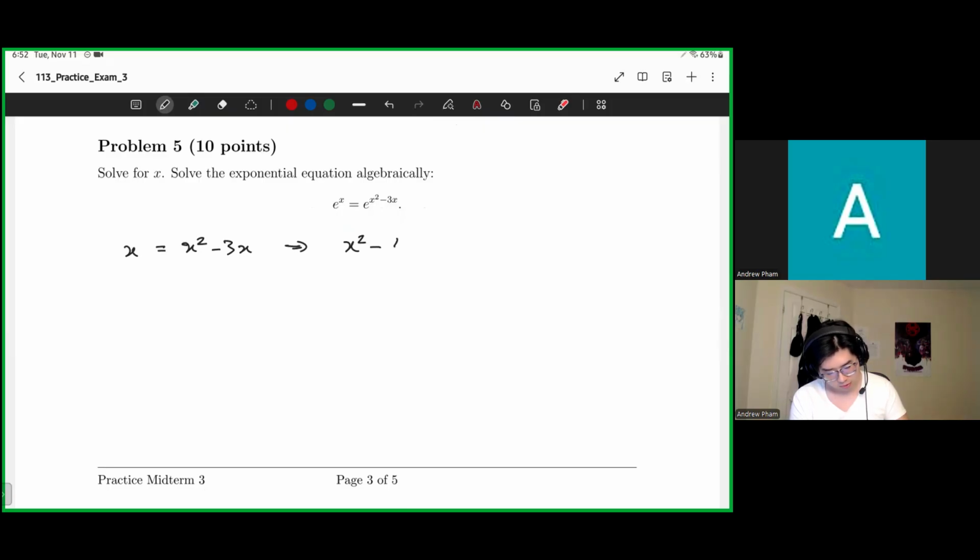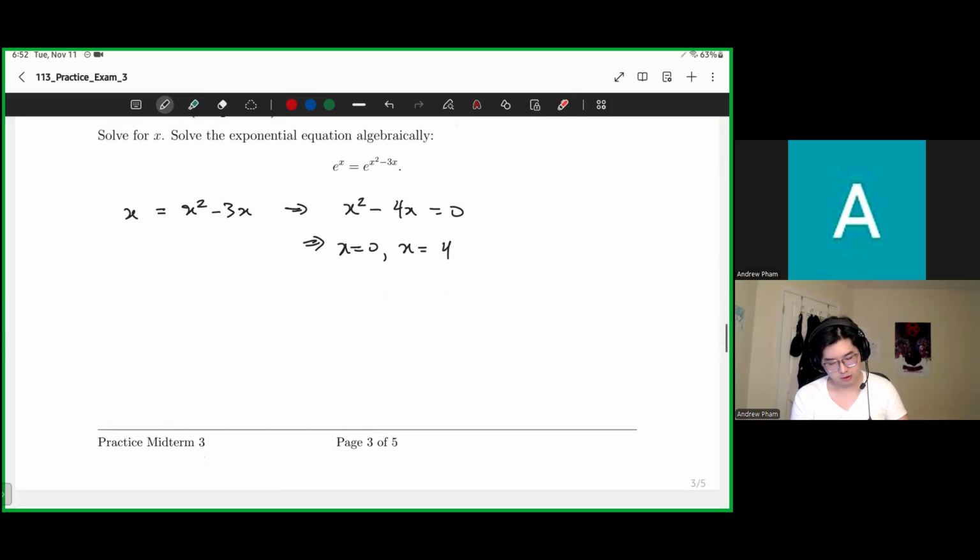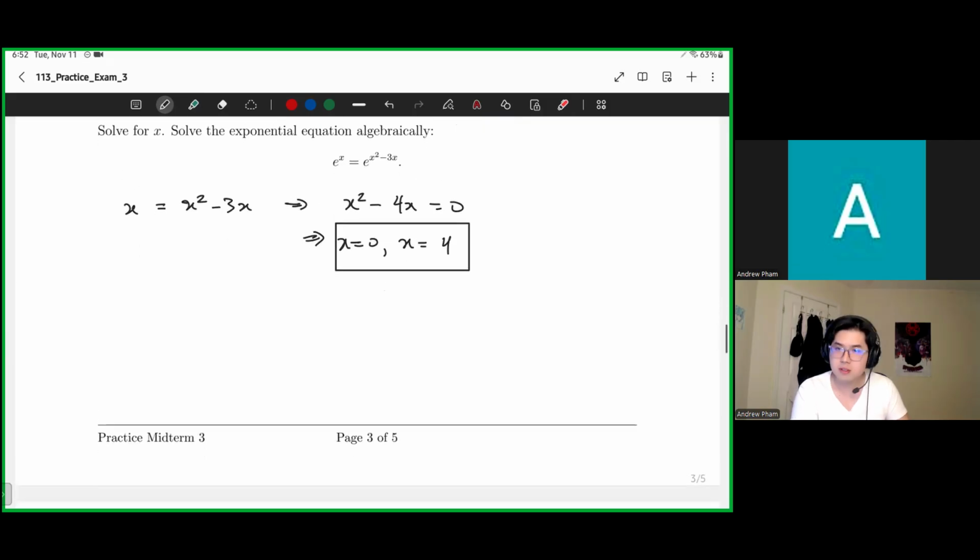Or no, this is minus 4x. My bad. So you have x equals 0 or x equals 4 if you factor properly. And these are your two solutions, right? E to the x is continuous, and as an exercise, you can check that these are both indeed solutions.